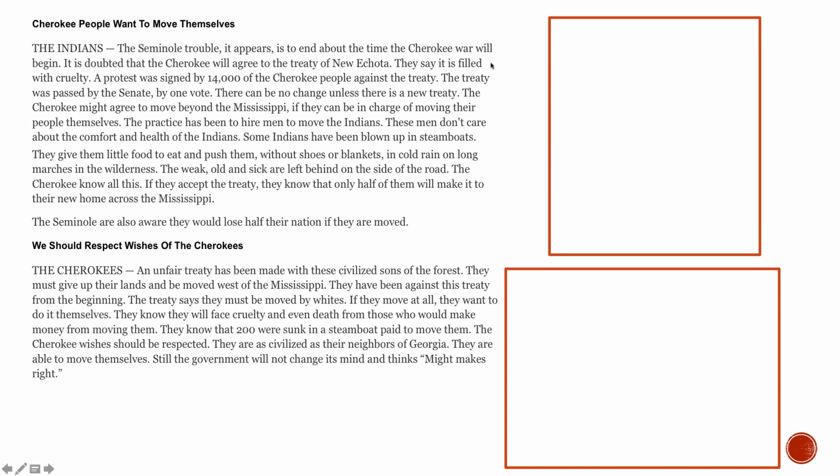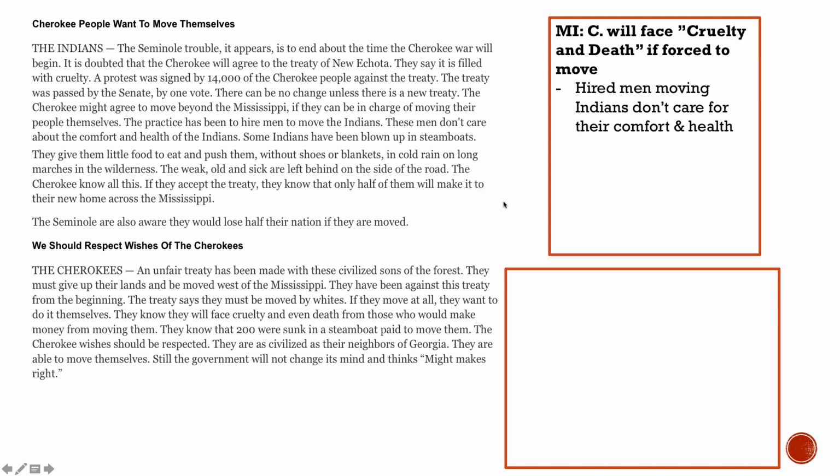So this is interesting in this chunk here. I think the main idea is that the Cherokee are going to be facing, quote, cruelty and death if they're forced to move. So it seems like they already kind of know what is going to become of them if they're forced to move. Something interesting that I didn't know was that hired men move the Indians, and they really didn't care for their comfort and health. So maybe they had seen other tribes being moved before, and so they kind of know how this goes.